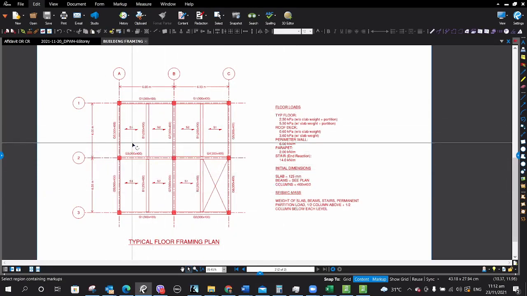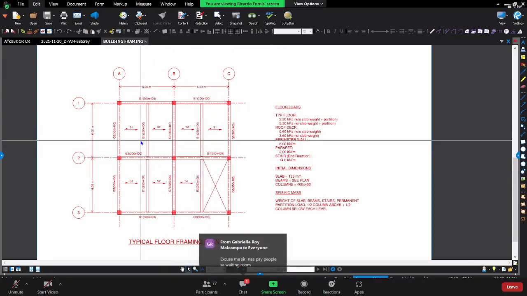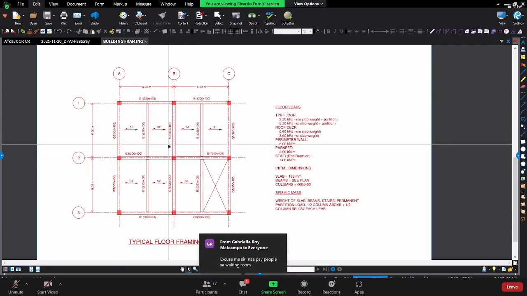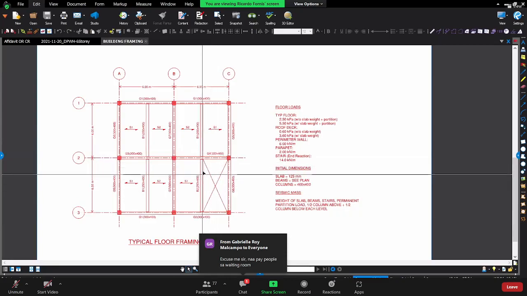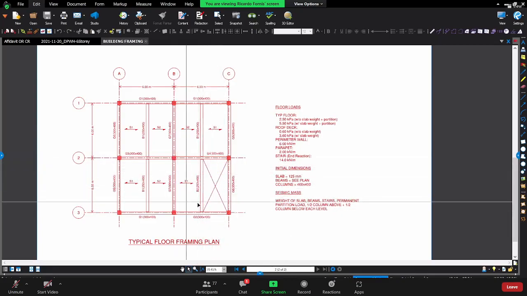And then we have one-way slabs, typical one-way slab. Your slab size is 3 by 6. And then we have an opening here just to simulate the location of the stairs.